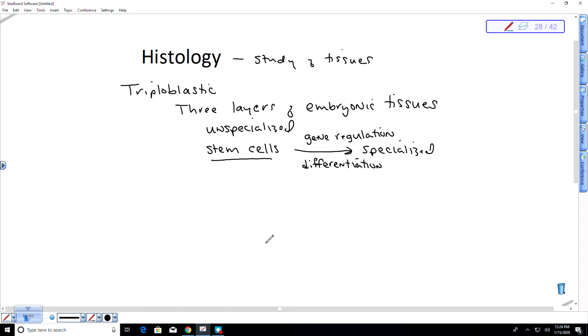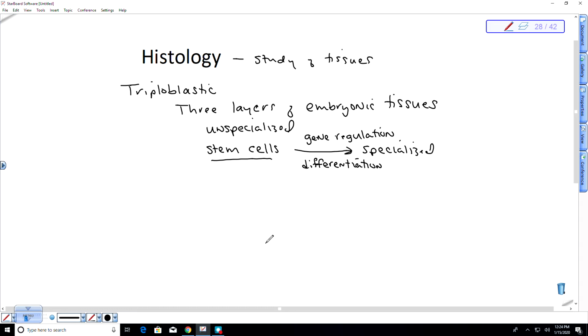So for example, if you have given birth to a child, you might have stem cells from the baby that go into your body and then take up residence. So we'll talk more about stem cells when we talk about reproduction and development. But it's important to realize that all of our cells have that same genetic material.